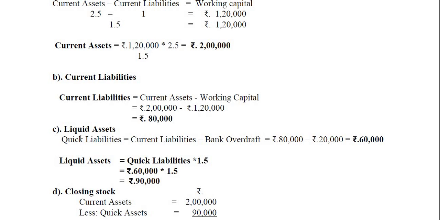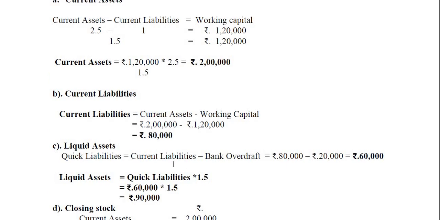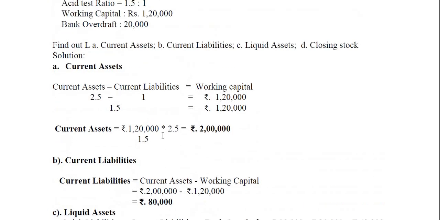Then quick liabilities. Quick liabilities is equal to current liabilities minus bank overdraft. Here current liabilities are known, 80,000. Bank overdraft is known, 20,000.